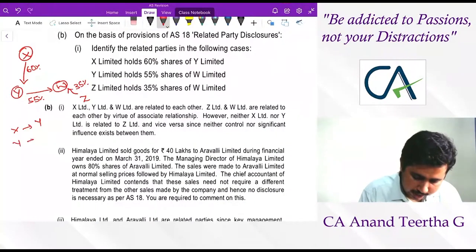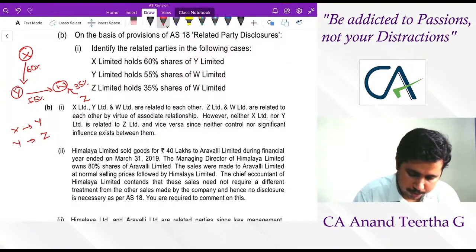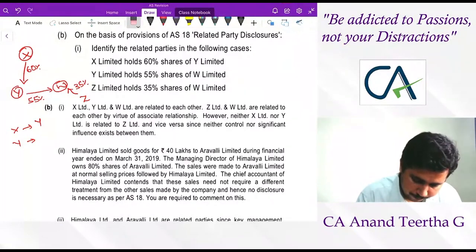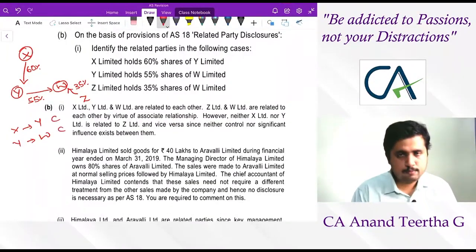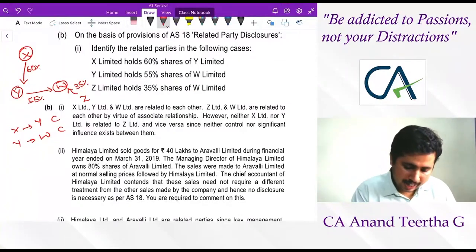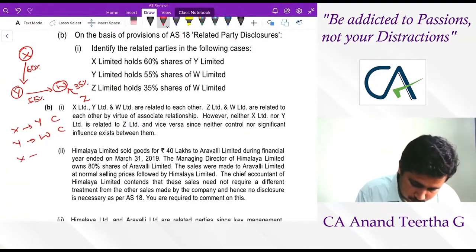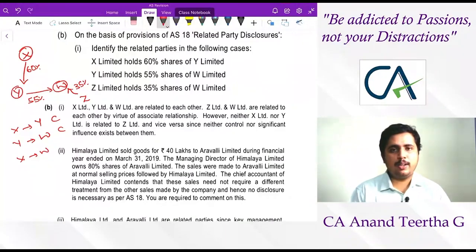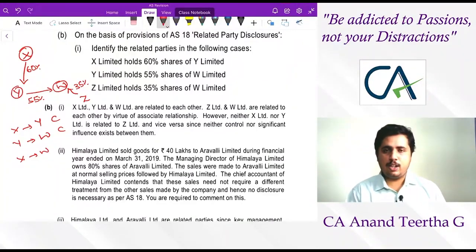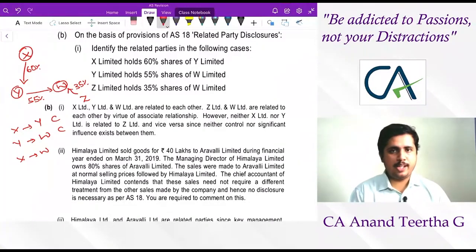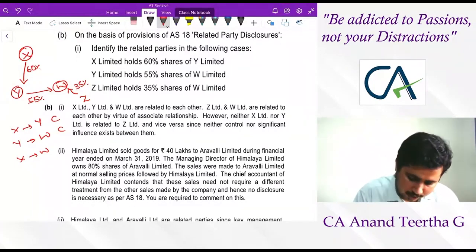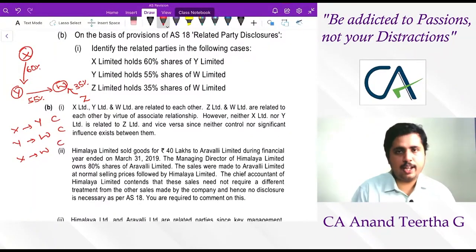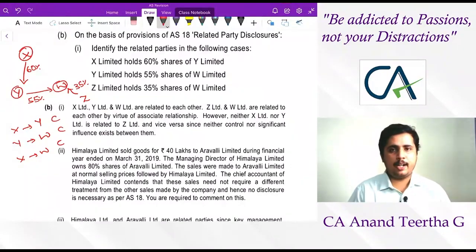Y to W again, yes, because there is control between them. What about X to W? See, X is controlling Y is controlling W, means X is indirectly controlling W. So therefore, even there is control over here as well. So therefore, it is considered as related party.